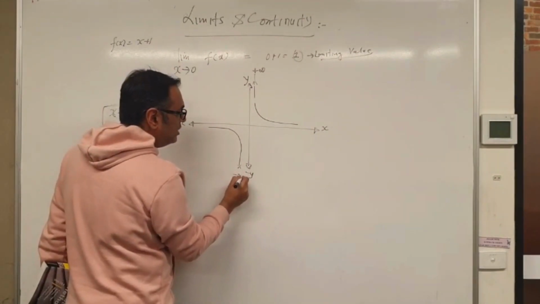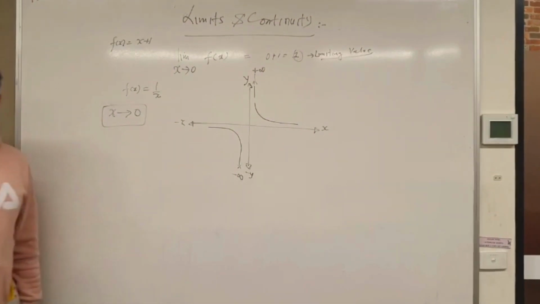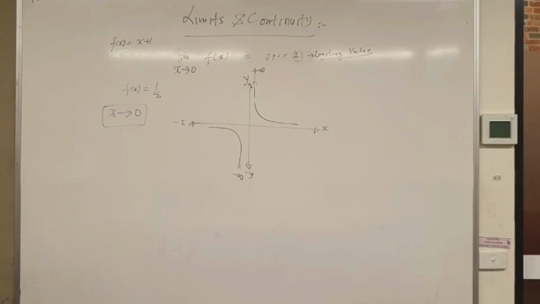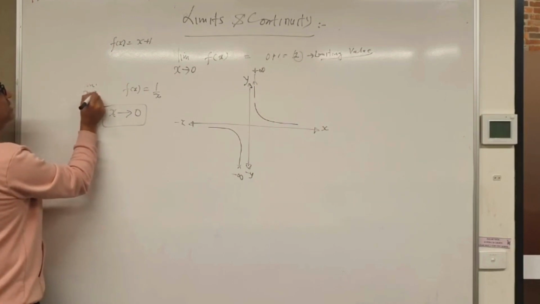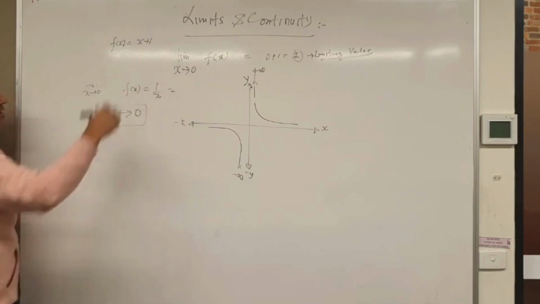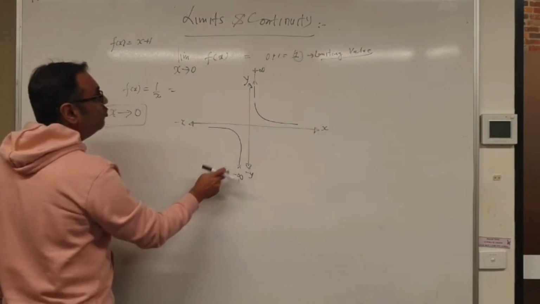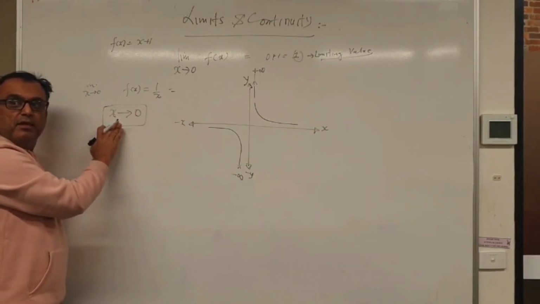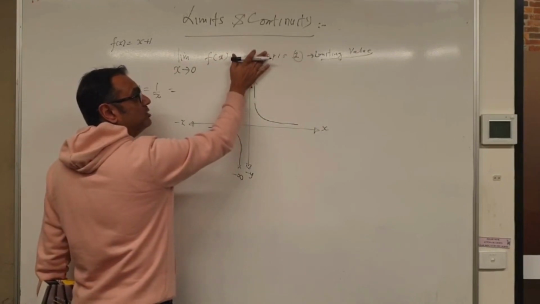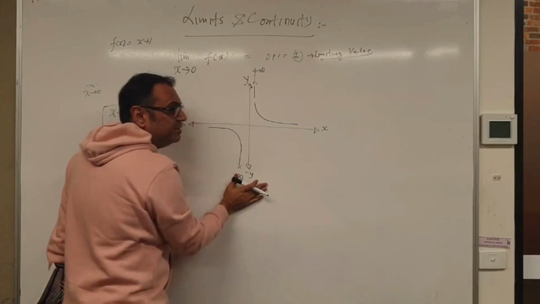The function is approaching the negative infinity, the negative side of y. Did you get my point? So here, the limit is not straight away something. No. In this case, I've got two varieties of limits, the approaching 0 problem. One is throwing a positive infinity value, and the other one a negative infinity value.